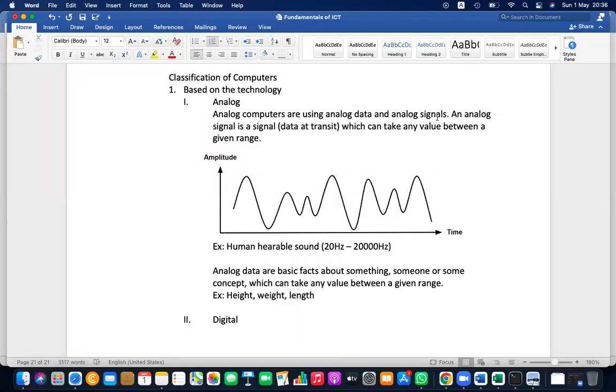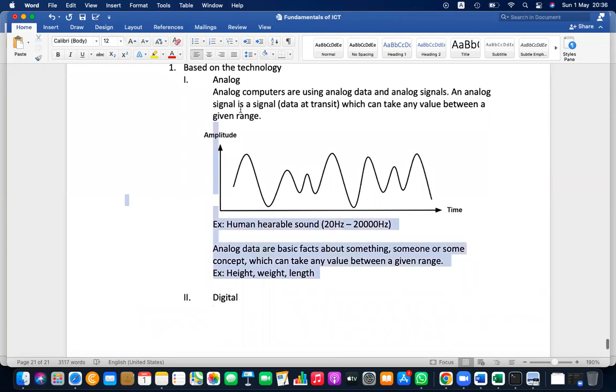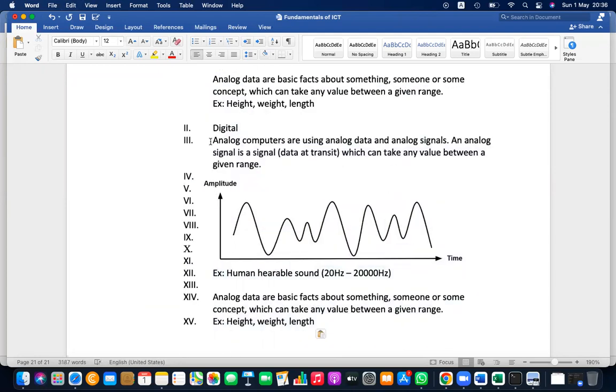Right, on the other hand, what is digital? A digital computer is basically similar to this, I can write down the same thing, but there are some differences. Digital computers are using digital data and digital signals.